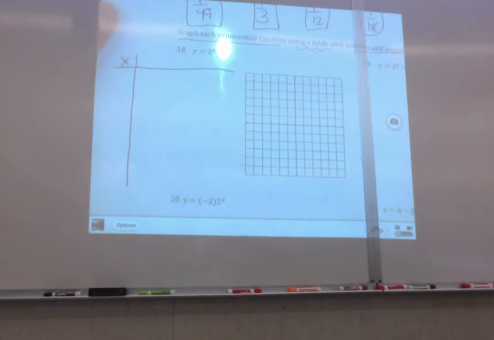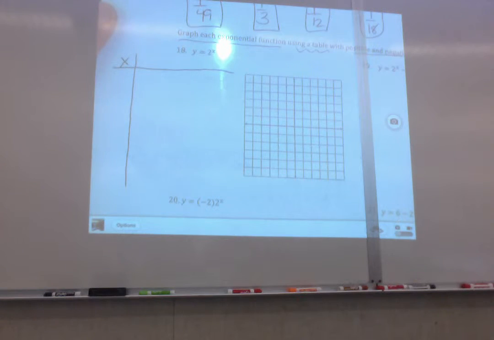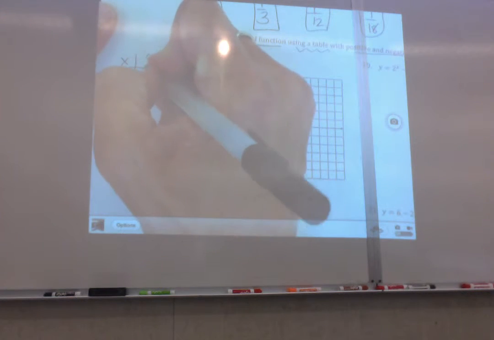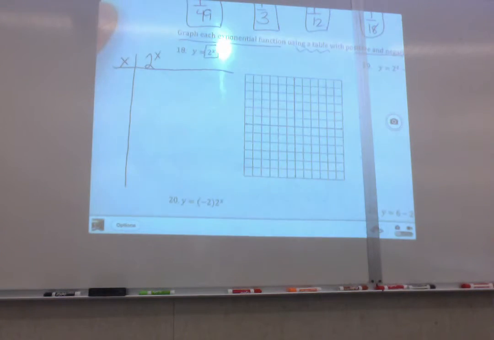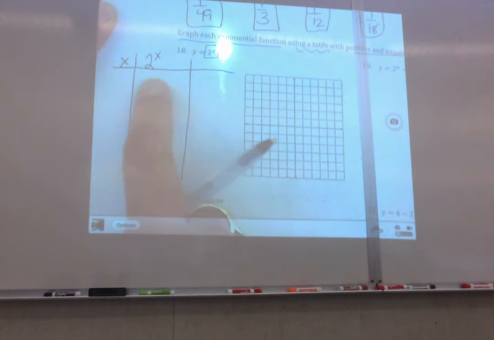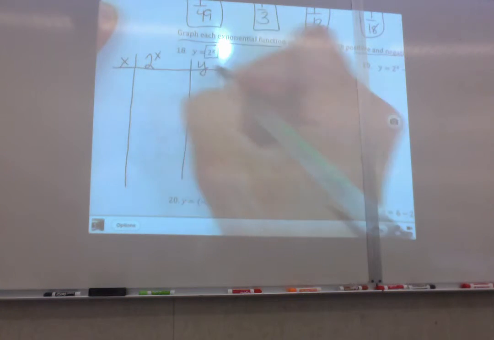Well, you can't see that. There we go. We have an x and a line. On the other side of the y equals, we have a 2 raised to the x. That's the next thing we'll write in our table. And we'll leave space because we're going to have to do a little work right there. And then over here, the last thing will be the y.